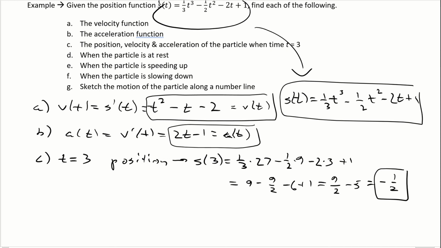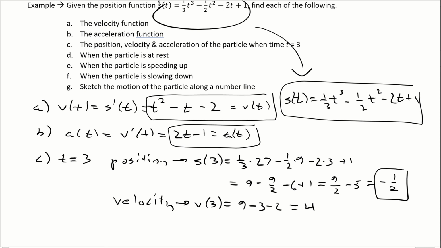That's position. Now the velocity. So the velocity at that point is v of 3, and that's equal to, I'm going up to the velocity function now, 3 squared is 9, minus 3 minus 2. That looks like it's 4.